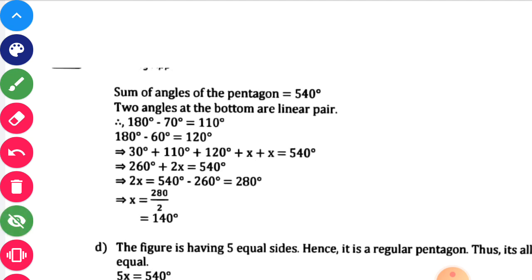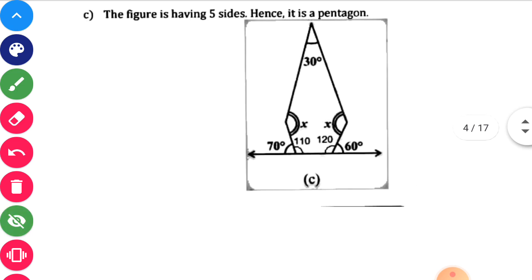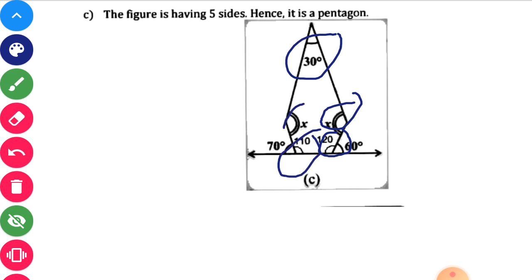Now the sum of all angles: 30 plus 110 plus 120 plus x is equal to 540 degrees. Let's see. 30 plus x plus 120 plus 110 plus x is equal to 540 degrees. These angles you have to consider.